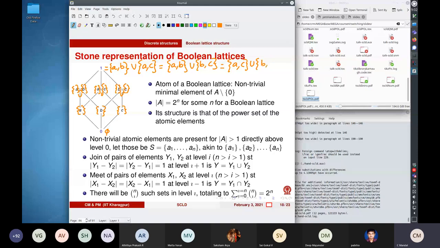All right. So, as you can see, you get the correspondence between the Boolean power set lattice and the Boolean algebra constructed out of the atoms A, B, and C.